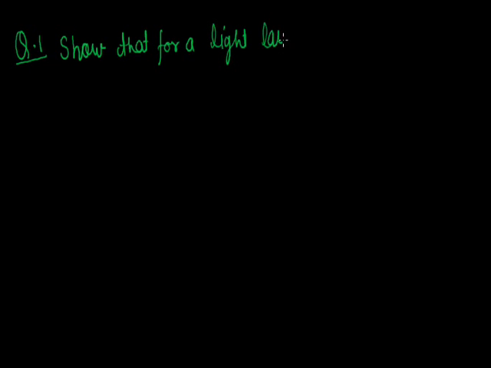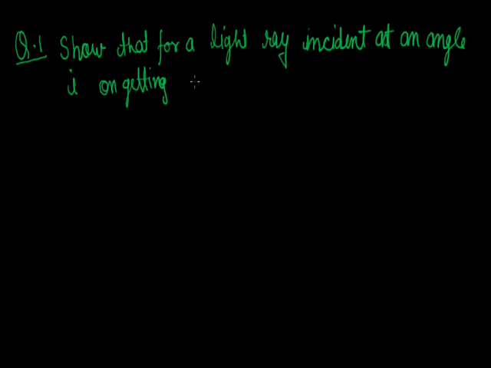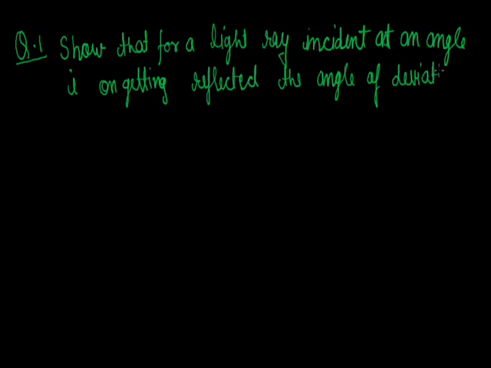Now today, first we will discuss some numericals, which is that for a light ray incident at an angle I, on getting reflected, the angle of deviation delta will be pi minus 2I.